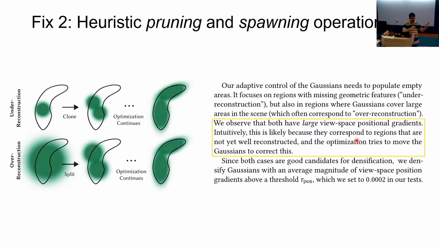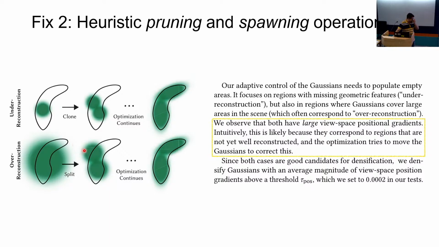But let's say my surface is of red color, but my Gaussian is predicting green color, or vice versa. The loss is more, so the gradient is more, right? This is how they find out those Gaussians. They check the gradients with respect to the positions, and where the gradients are high. Based upon that, they check the scenario of under reconstruction and over reconstruction, because in both scenarios the loss would be high, and that is why the gradients will be high.